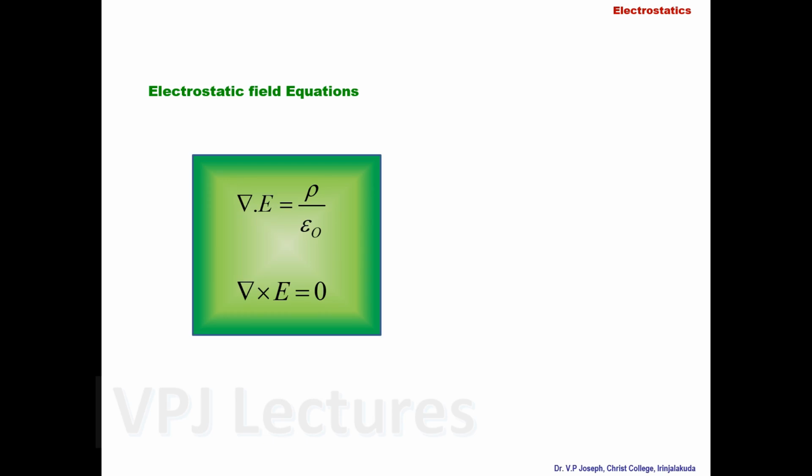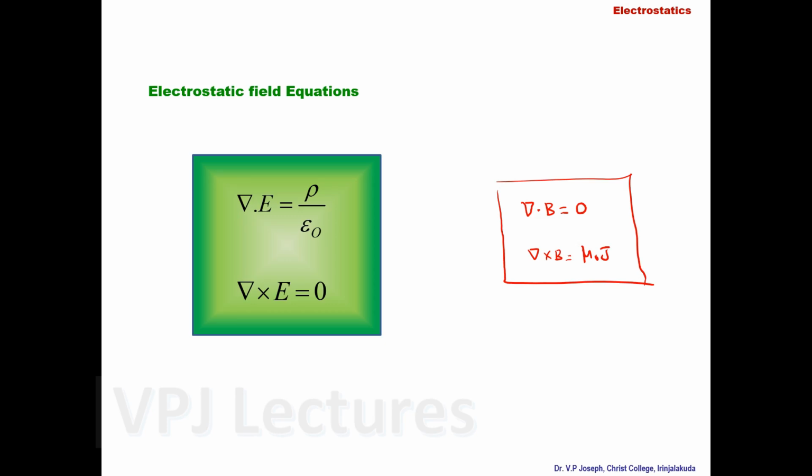So we are carrying these two equations to the advanced topics. When we consider magnetostatics, in a similar manner we can see that there are two equations of the same form, that is, del dot B is equal to 0 and del cross B is equal to mu 0 J. These two equations we can identify as the static field equations of magnetostatics. And these four equations are called the static field equations.